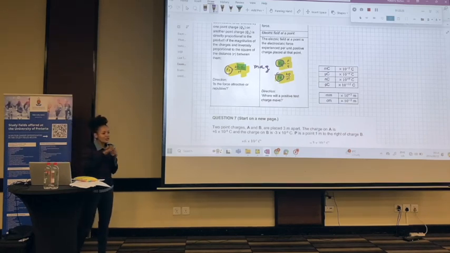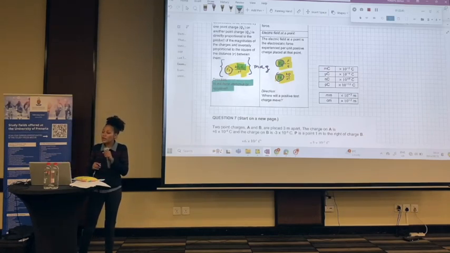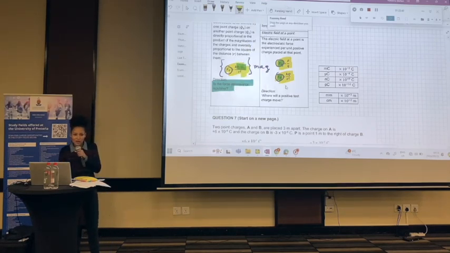So how do I determine the direction if this does not give me the direction? You determine the direction of the force by saying, is the force an attractive force or a repulsive force? And then you determine the direction. If we're looking at electric fields and I say to you, what is the direction?